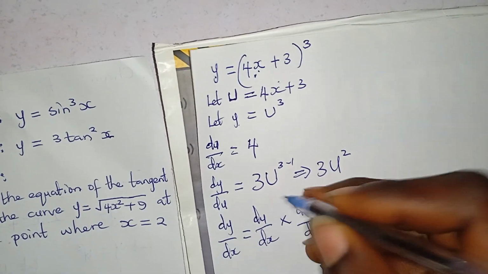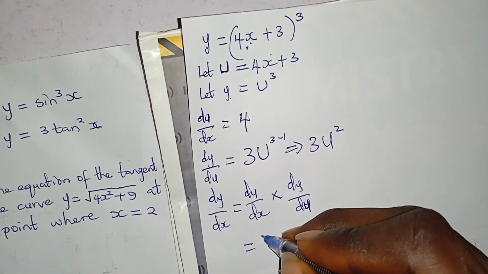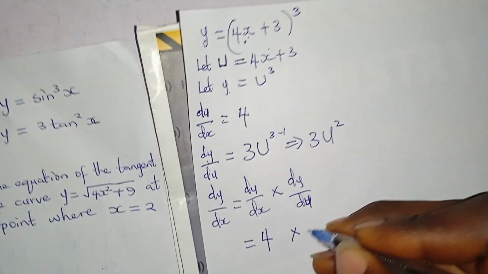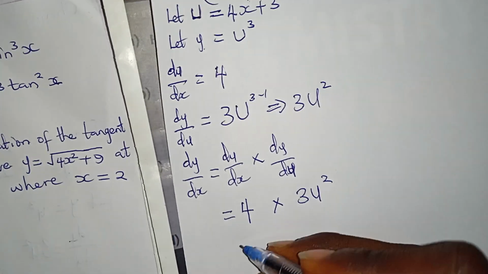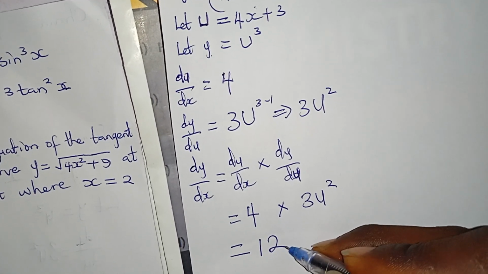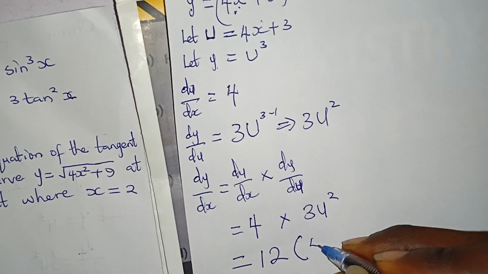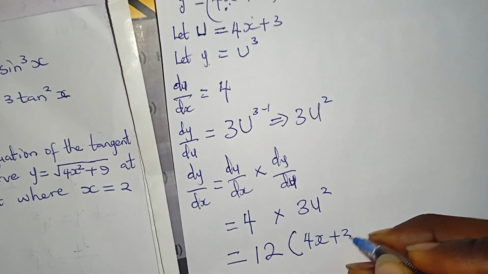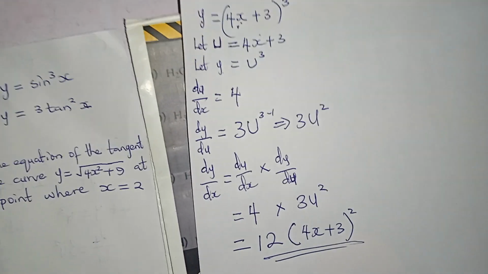If you check it, the du's can cancel, so that I have du/dx is 4 times dy/du is 3u squared. If I bring this together, it's the same thing as 12u squared. Now remember that u is equal to 4x plus 3, so I have 12 times (4x plus 3) all raised to power 2. This is my final answer.